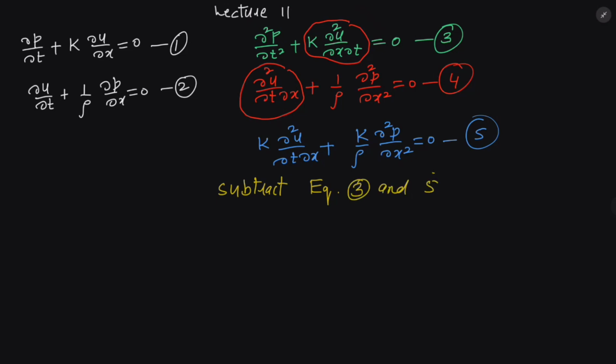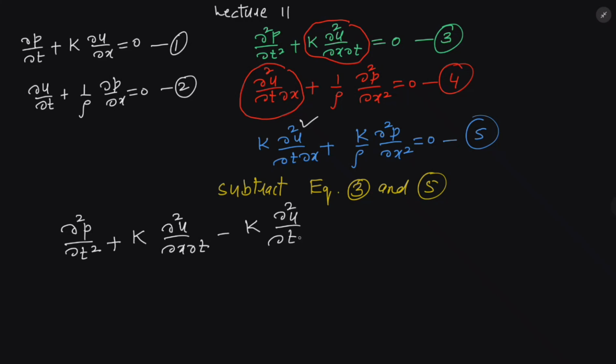We get partial square p by partial t square plus k, where k is the bulk modulus of compressibility, k partial square u by partial x partial t, minus k partial square u by partial t partial x, minus k over rho partial square p by partial x square is equal to 0.